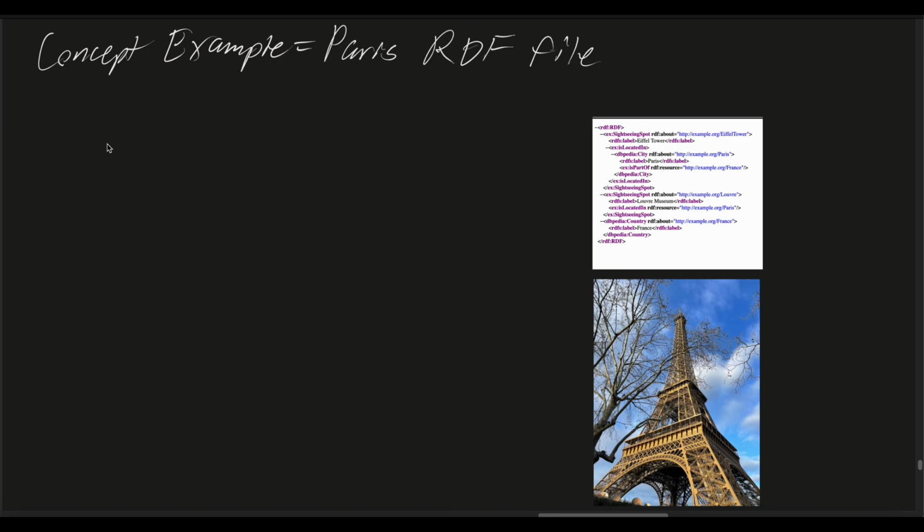Suppose we have a website that provides information about different countries and cities. In one database, we have a city, Paris, and it's tagged with the country France. So we have an RDF file for cities and locations.